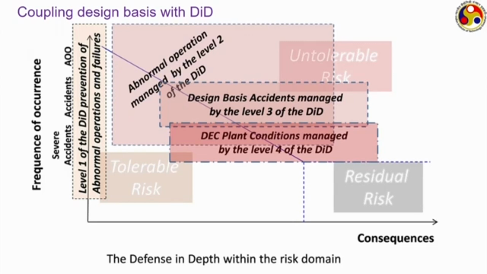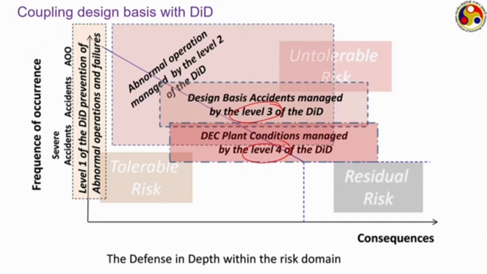You have to remember, NO, the normal operation, is not an accident condition, so you do not need any kind of protective layer for that. But the second one, AOO, is taken care of by the second level. Then DBA are taken care of by level 3, whereas if DEC at all happens, which is very unlikely and refers only to very severe situations like Chernobyl, then we have level 4 and level 5 if required.